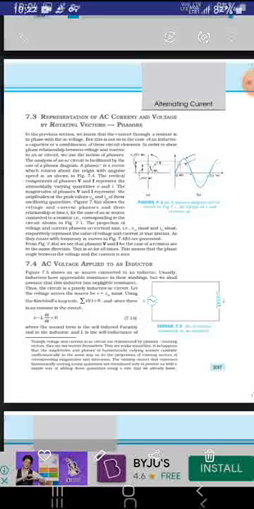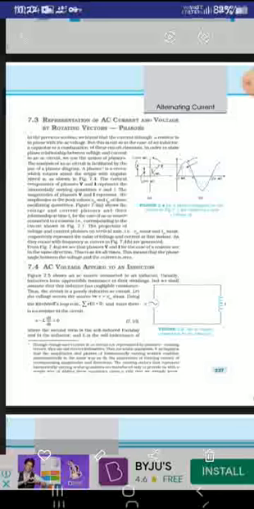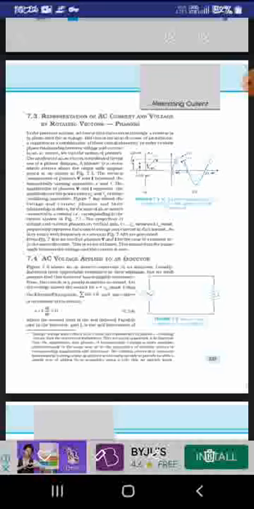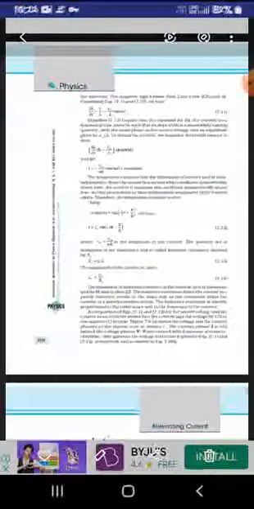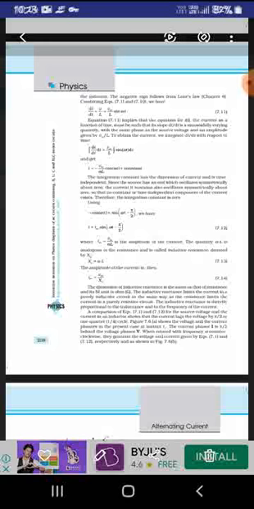So let's take V minus L di/dt equal to 0, where L is the self-inductance of the inductor. So let's take di/dt equal to V/L, which is equal to Vm/L sin Wt.